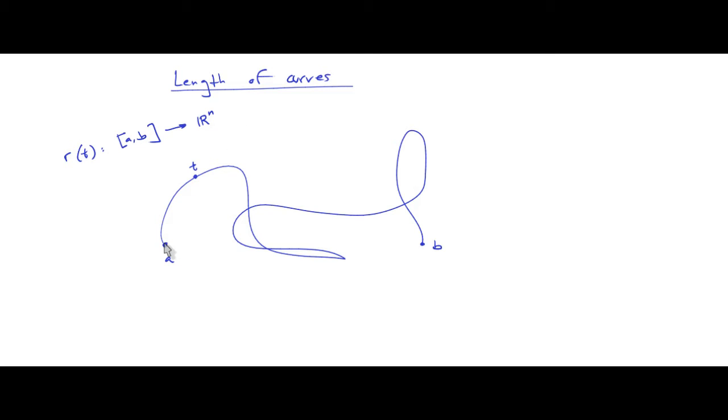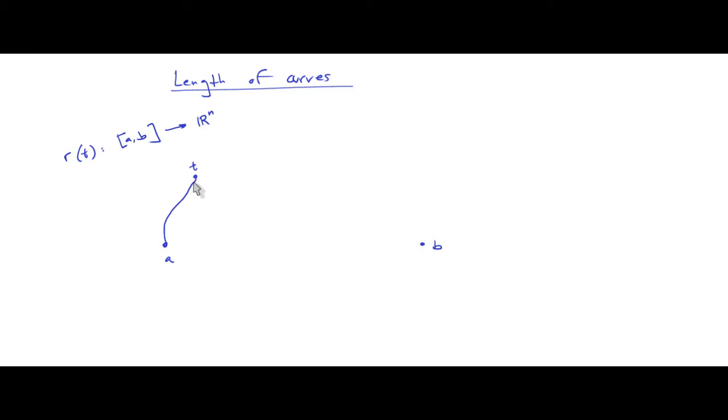So one way to think about the length of a curve like this, let me simplify it, something like this. You can think of any kind of curve which you parameterize with a function r. We can think of how to integrate the length.